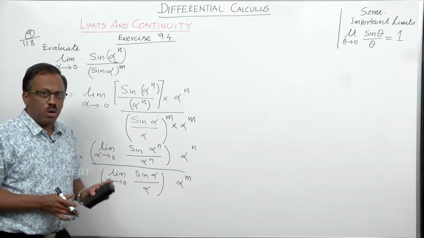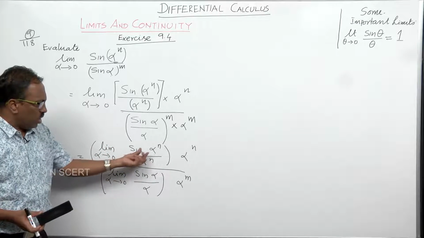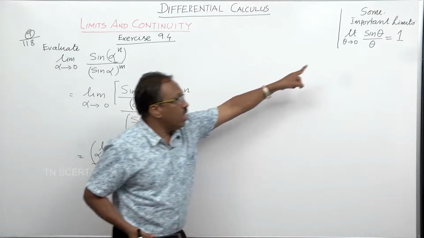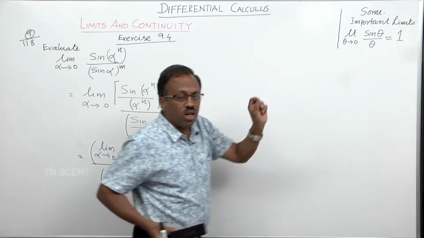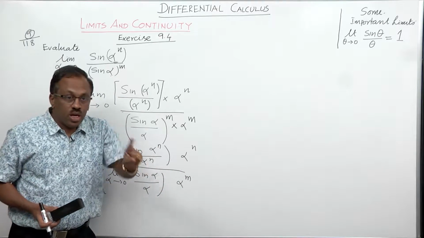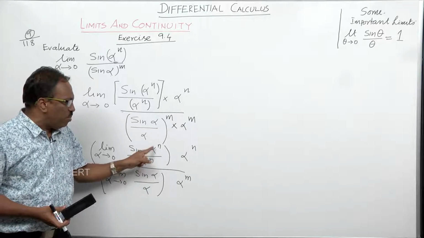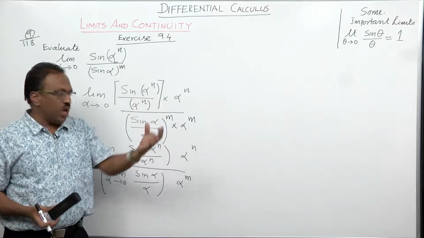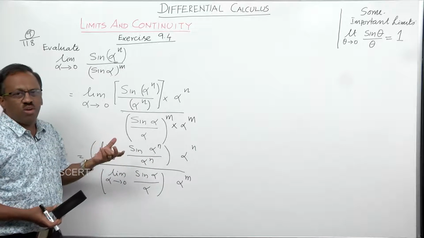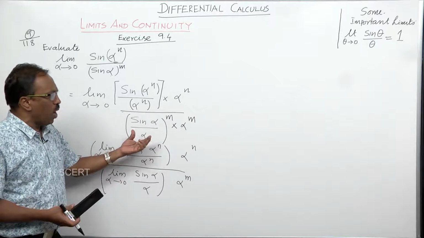Have you got an idea now? I think you might be seeing this in a very simple way. Now this alpha power n is considered to be theta, like in this formula, and here alpha is theta, and in the numerator alpha power n is considered to be theta. That means, whether it is alpha power n or alpha, whatever it is, it tends to 0, so it is nothing but 1.